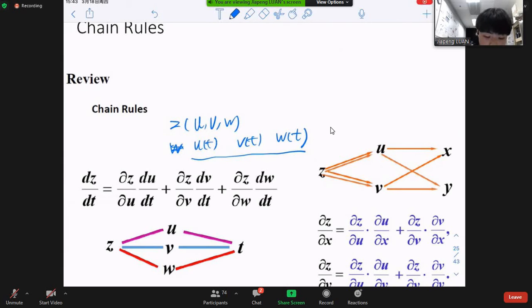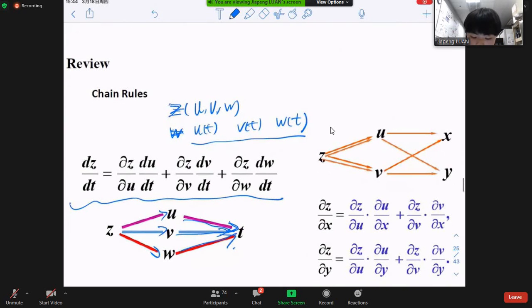Because Z is a function of U, V, W, you have these three lines. And then because U is a function of T, you have this. And then V is a function of T, you have this. W, you have this. So that's the way you can write this down.